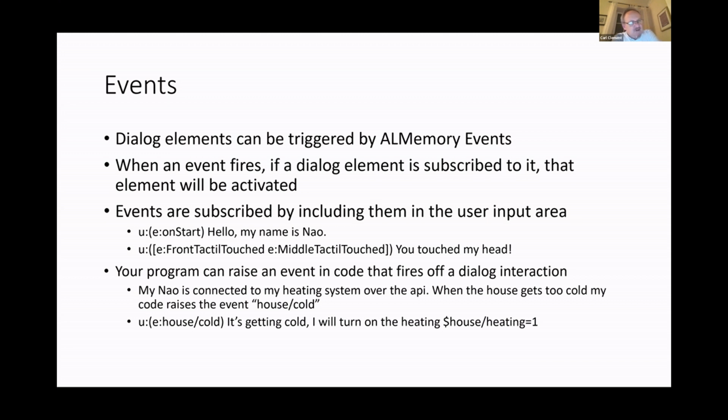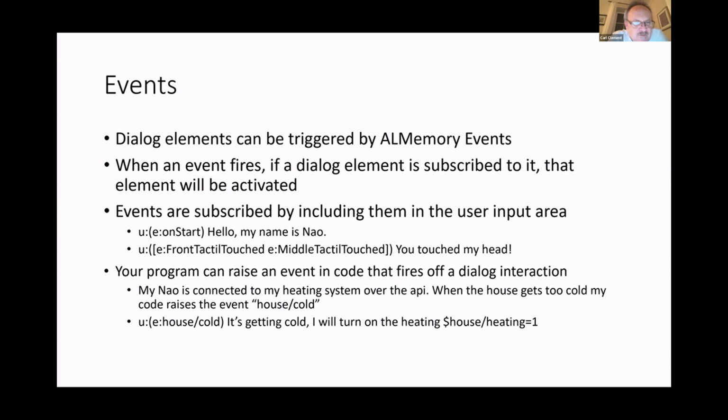So I could have a dialogue where I walk up to the robot, it sees me, I say hello, and it says, hello, how are you? But I could equally have a dialogue where the robot starts the conversation. And that would be in an application where the application runs, the dialogue loads, and you may see that one of the events here is E:(on start.